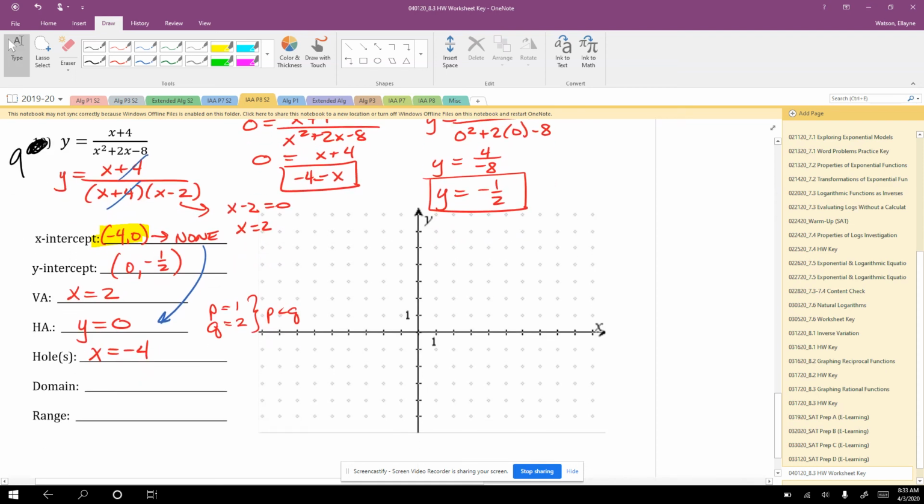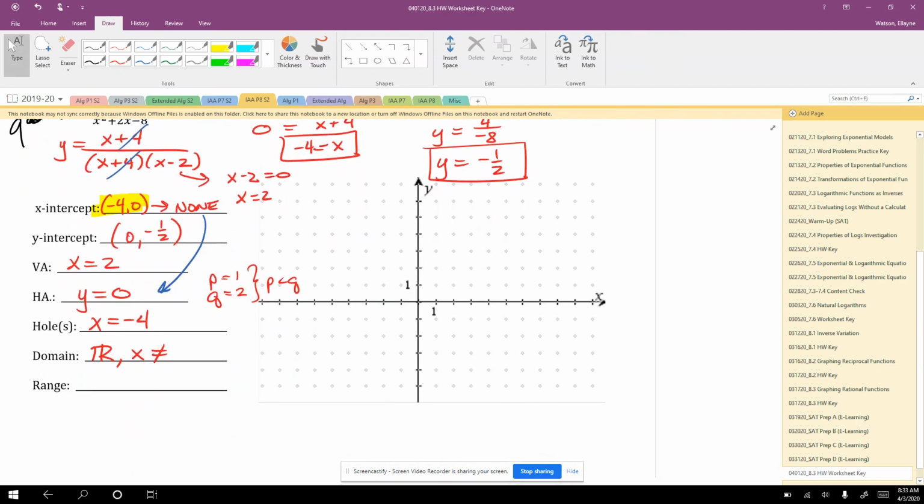Okay, domain is going to be all real numbers except x cannot equal, and then remember again, domain is tied to vertical asymptotes and holes, so it cannot equal 2 or -4. Range is tied to horizontal asymptote, so it's going to be all real numbers except your horizontal asymptote, which is 0.